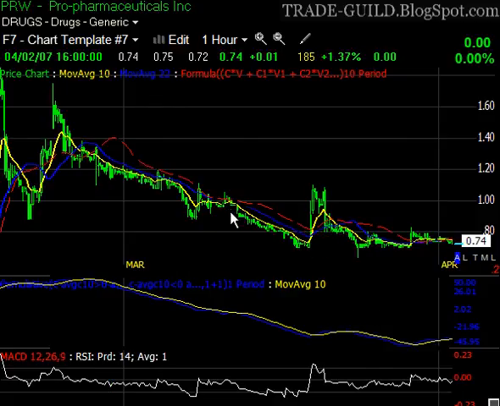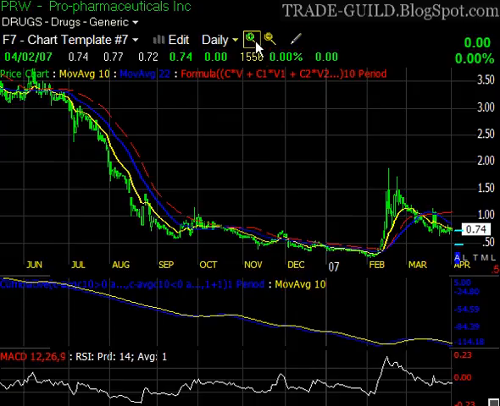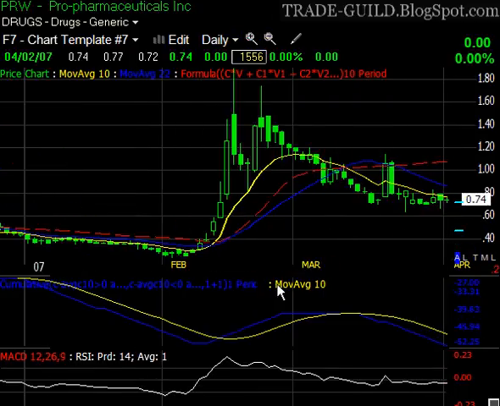Take a look at the daily on this guy. What was kind of interesting, I don't know if you can see it very well, but here's a short signal back there, and all these indicators stay in gear right until we get down to this bottom in October. So that's a pretty cool thing. Let me zoom in a little bit here. And then again, here's that buy signal.